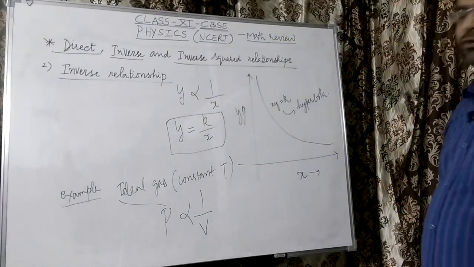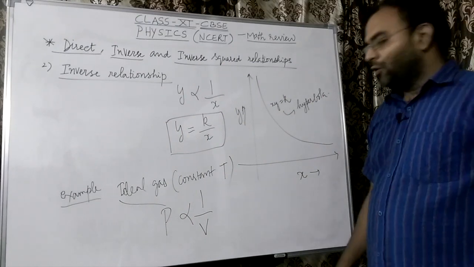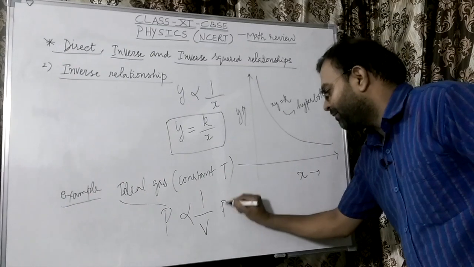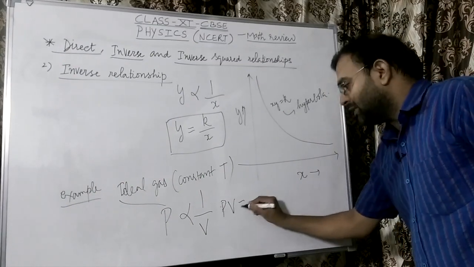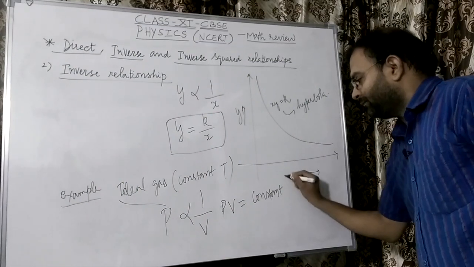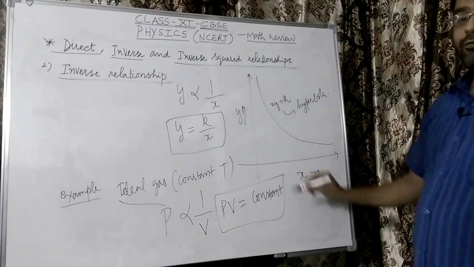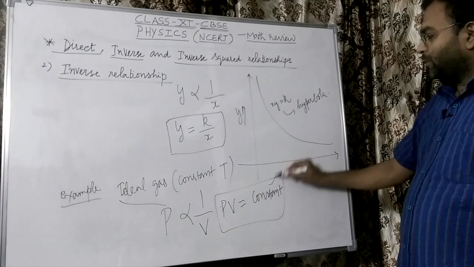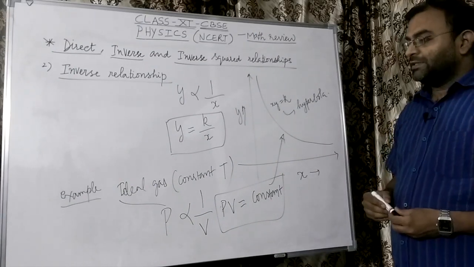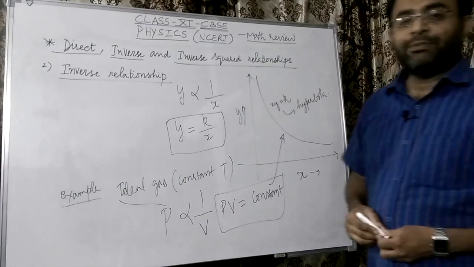Pressure is directly proportional to the reciprocal of the volume. Therefore, one can write pressure is equal to k over volume, or pressure times volume is equal to a constant. So, if you plot this function in physics, you would get a curve similar to this. This is an example of an inverse relationship in physics.